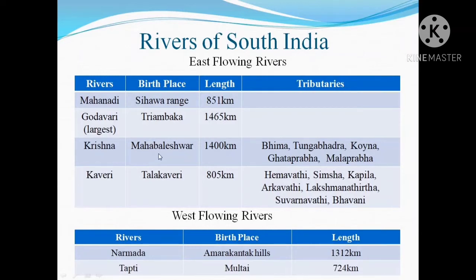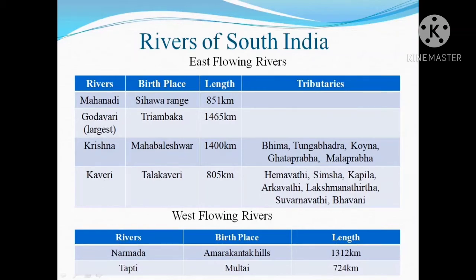Next, another one, Krishna. It rises from Mahabaleshwar, 1,400 kilometers in length, and its tributaries are Bhima, Tungabhadra, Koyana, Ghataprabha, Malaprabha, etc. Krishna and Godavari together form a common delta.